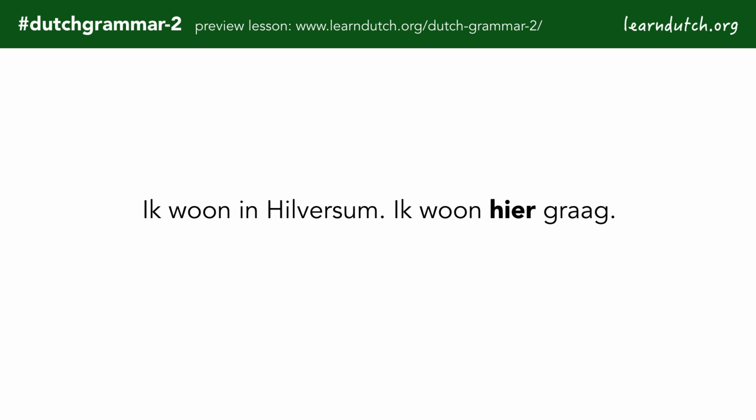We learned that daar is used when something is at a distance, and hier when it is at or near your location. Also, the unstressed hier can be replaced by er. Ik woon in Hilversum. Ik woon er graag. Please note, only the unstressed hier can be replaced by er.